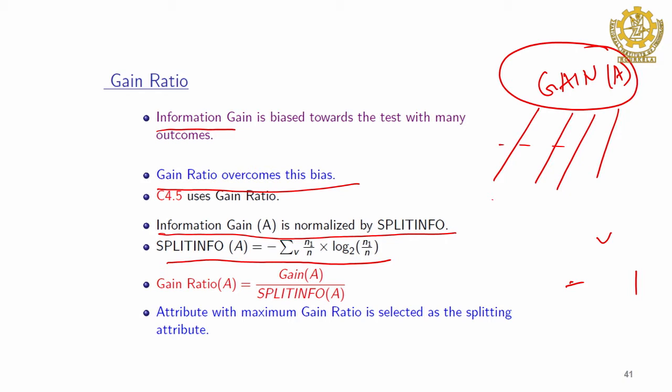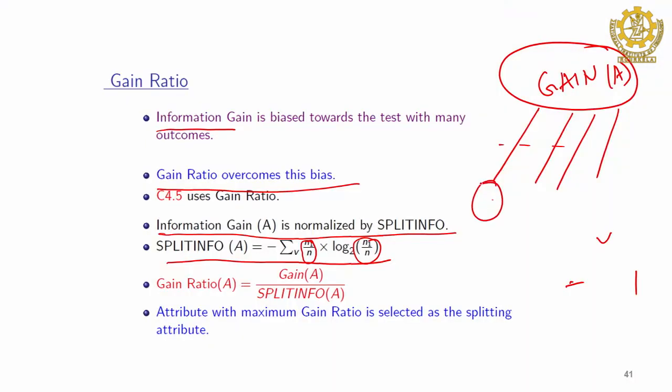What is split info? As you can see, this is nothing but a probability here and then the same thing here. So, this is something you can say is close to the entropy of that individual node. Okay. So, what is V here?